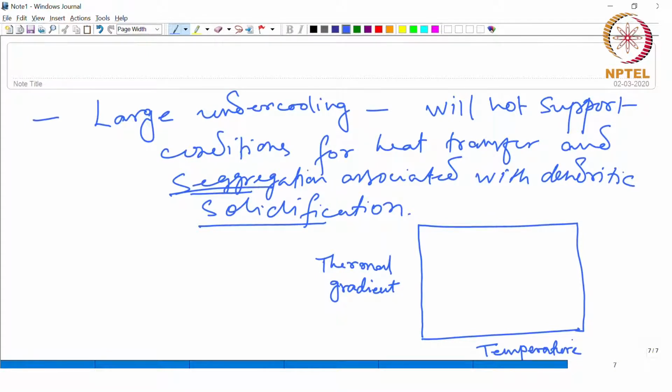Right. So, this is about the other two parameters that we talked about.